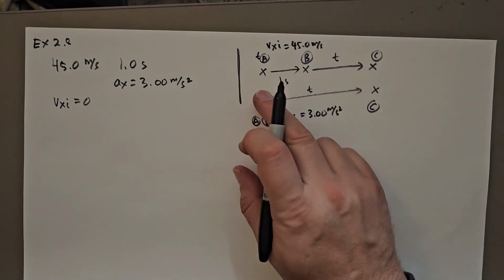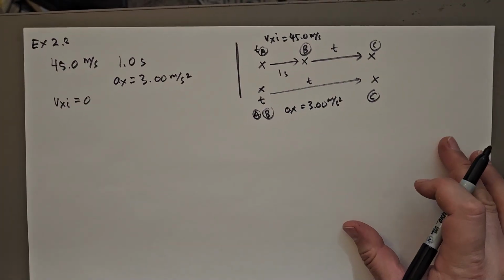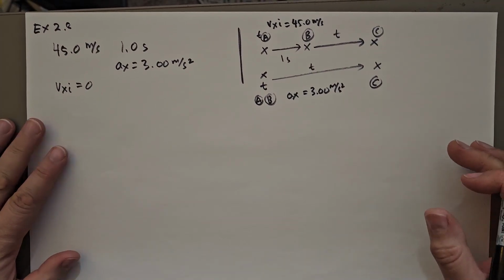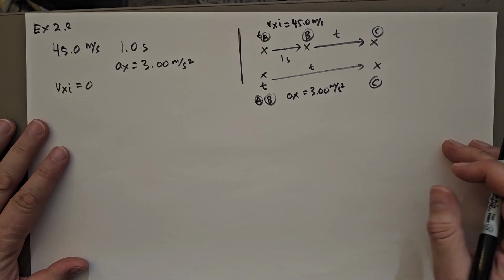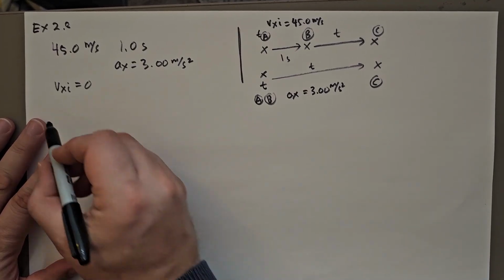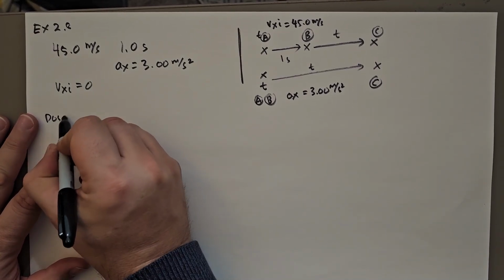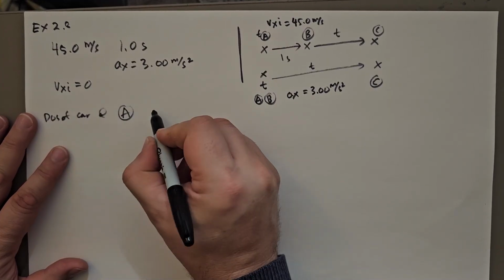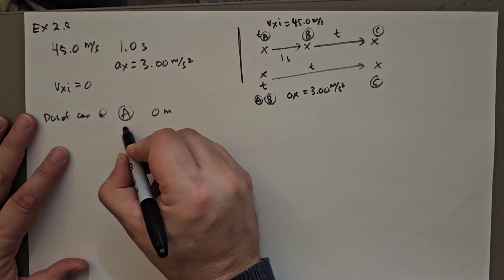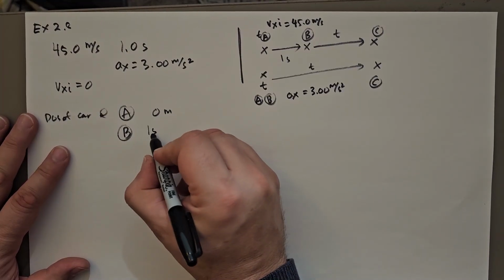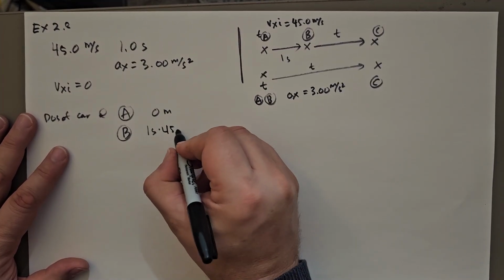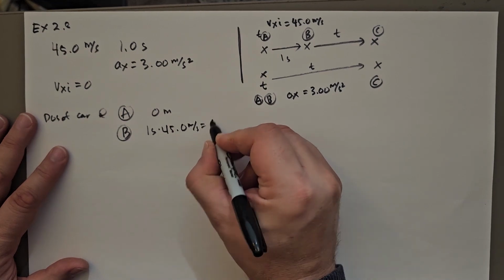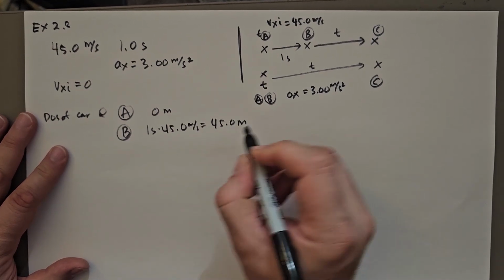Okay. So we have these 3 things that we need to consider. Okay. So the position of the car at A, well, that's just 0. At B, that's 1 second times 45 meters per second. So that's just 45.0 meters.